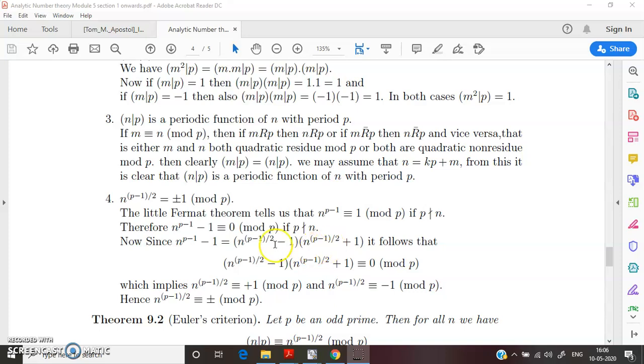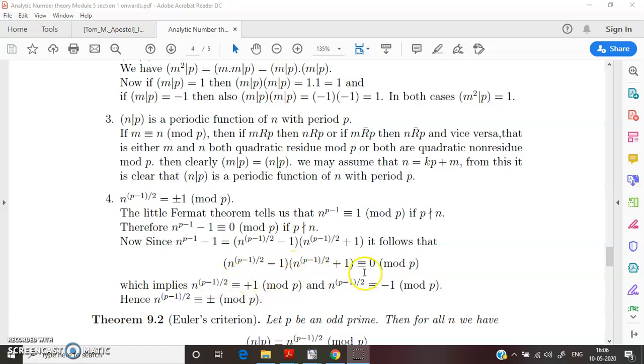So n raised to p minus 1 by 2 minus 1 times n raised to p minus 1 by 2 plus 1 is congruent to 0 mod p, which implies that either this is congruent to 0 mod p or this is congruent to 0 mod p.